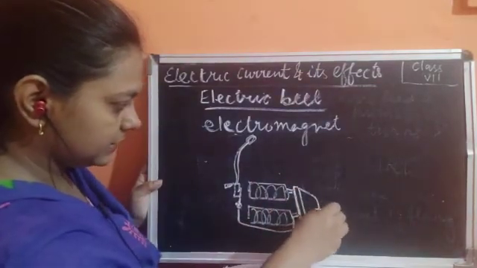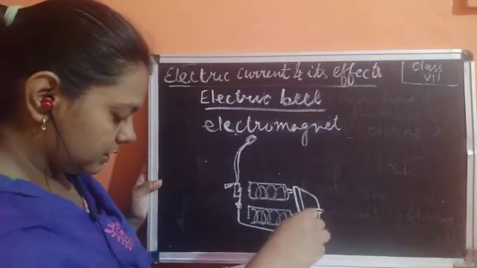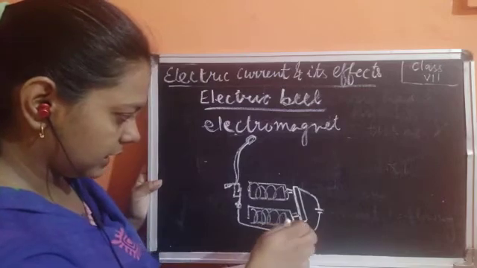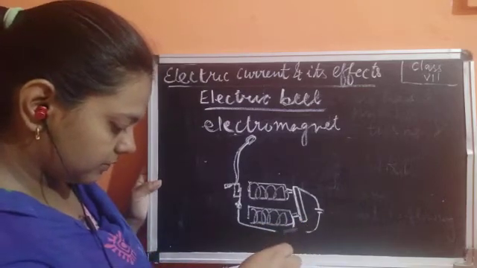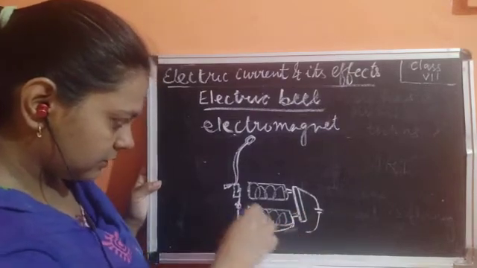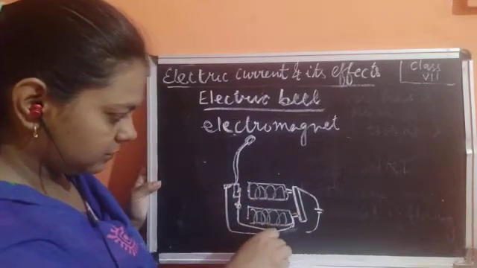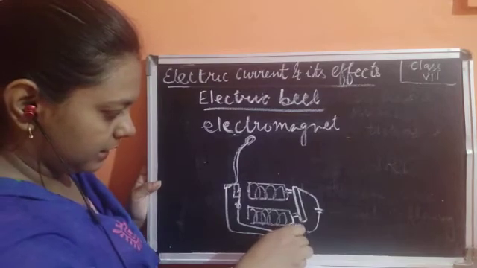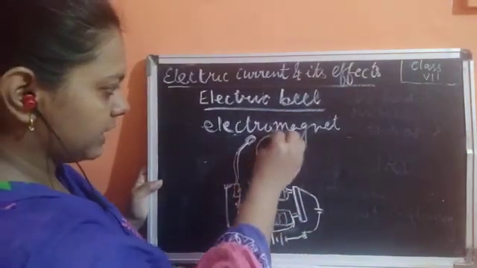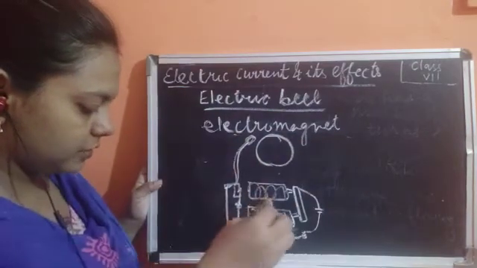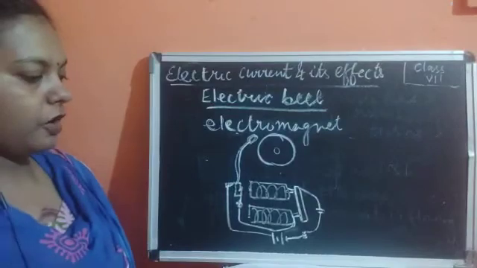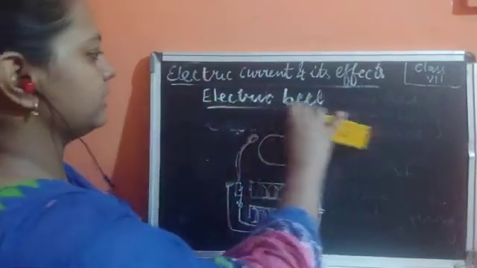From this side it is attached to a battery and a switch. You have the structure of a gong present here. So this is a diagram for this electric bell.